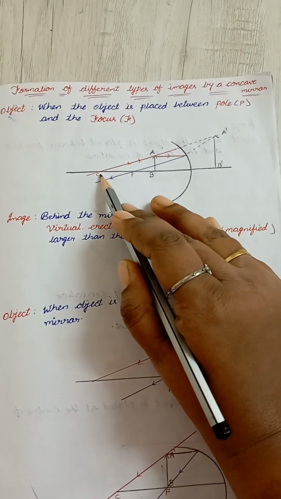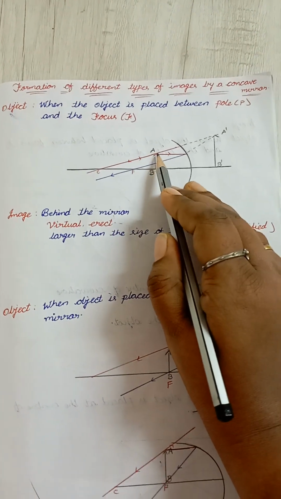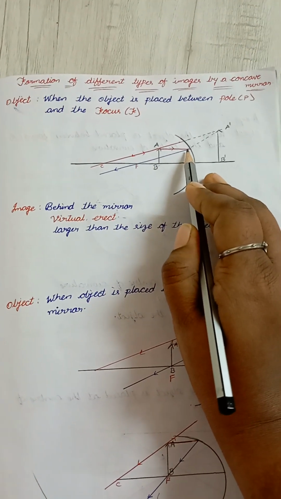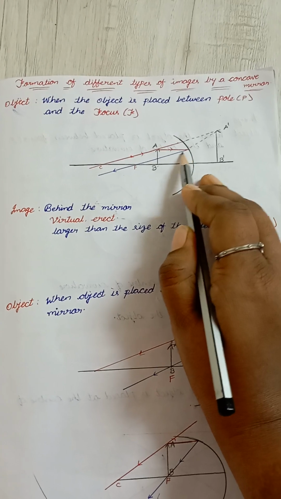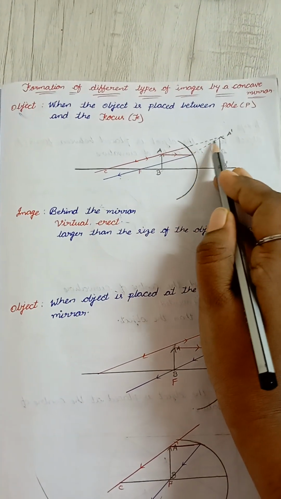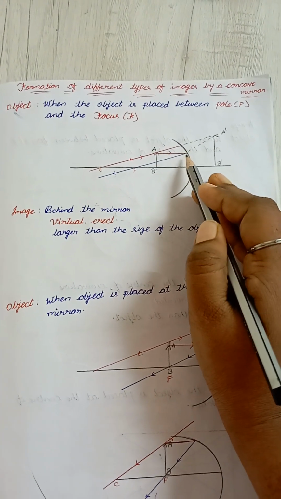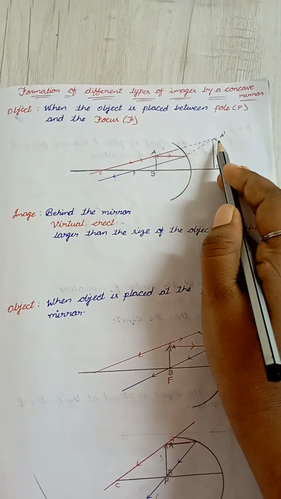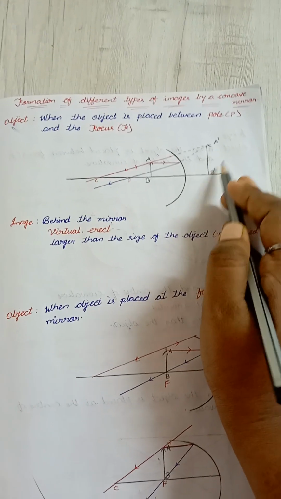We take one incident ray through center of curvature and one parallel to the principal axis that passes through focus, and the reflected rays appear to meet somewhere here. So you will get a virtual image here.